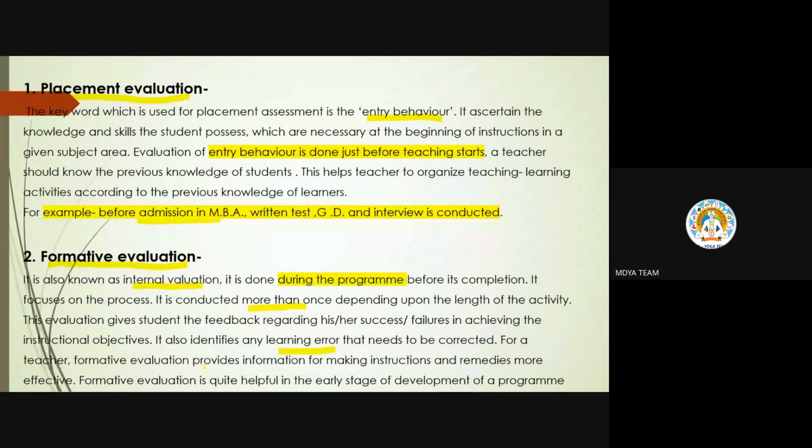Formative evaluation is quite helpful in the early stage of development. So placement evaluation is before entering into any course, and formative is during the program, but also in the early stage of development of a program.